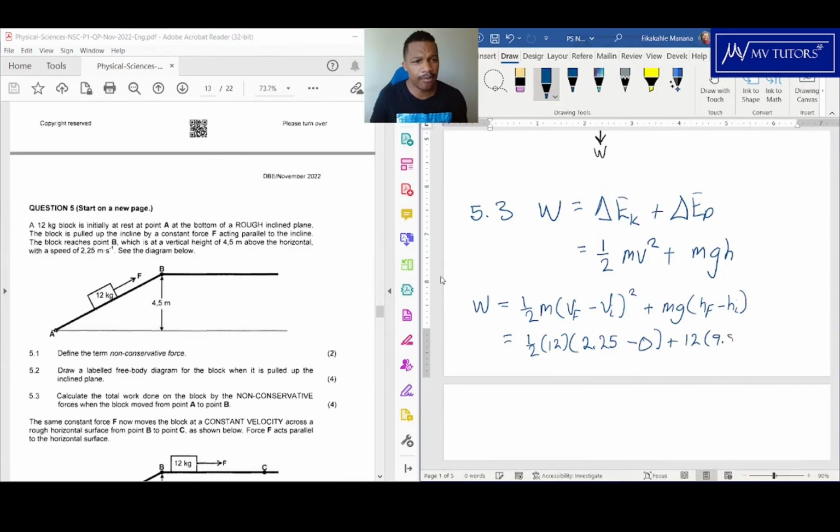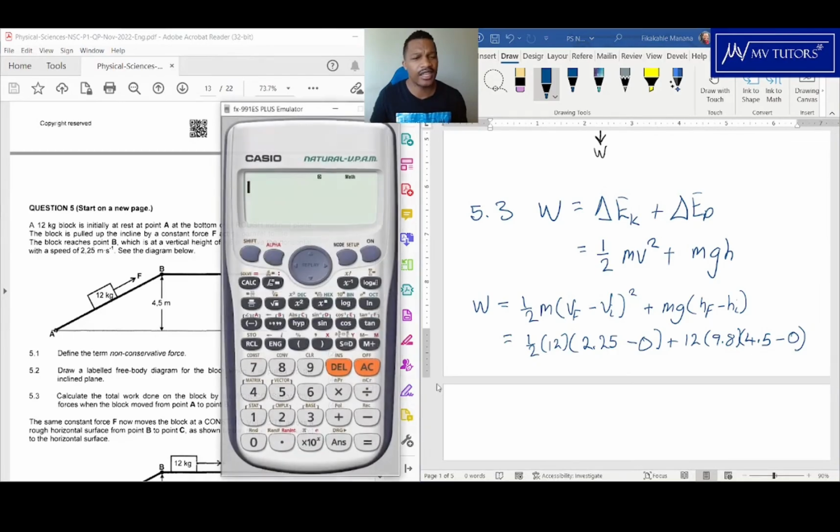Gravity is just 9.8, it doesn't change. And then the final height, we're given 4.5 meters, minus the initial height, which is 0. Okay, so now we just gotta put this in a calculator.